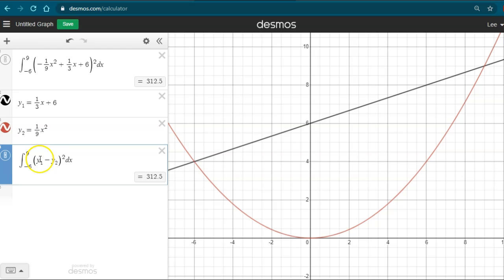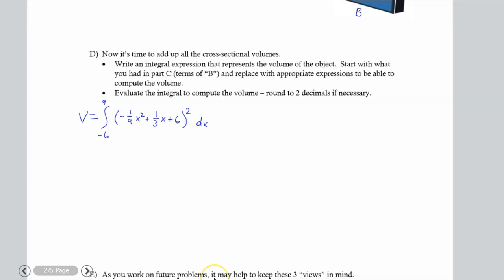Then in place of my b, it's just the top minus the bottom, so y1 minus y2 for the b, and that b is getting squared right there. Again, evaluated from -6 to 9 for the x's. Same thing, 312.5 is what I get. So however you like to do it is fine. If you like to simplify first and then plug in, or if you like to put stuff in terms of y1 and y2, that will also work. Either way, we get 312.5. We'll come back over here and put that in. So 312.5.